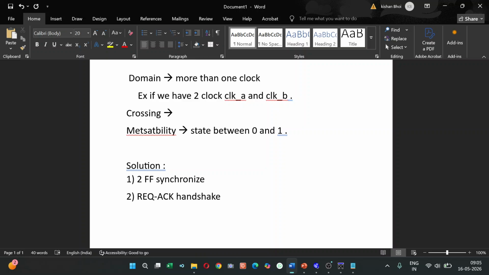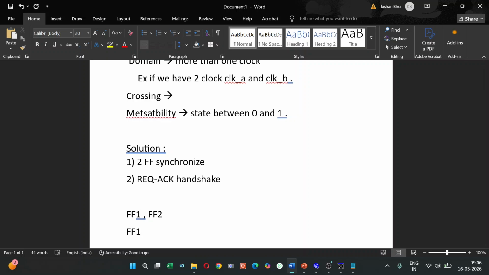In the two flip-flop synchronizer, as I told you, there are two flip-flops, flip-flop 1 and flip-flop 2. The task of flip-flop 1 is to catch the unstable state of a signal crossing over from the other domain. Okay, it might go metastable and start hovering.